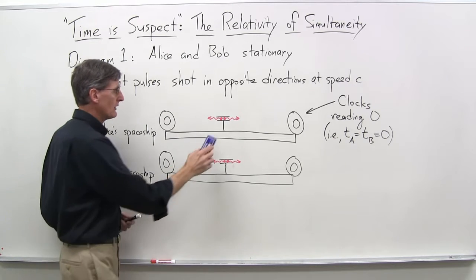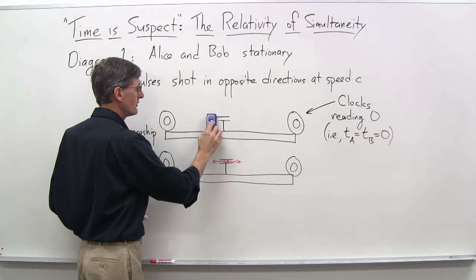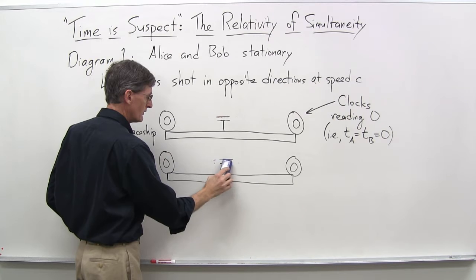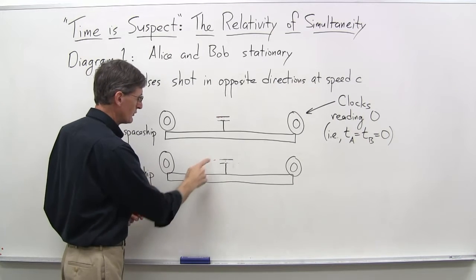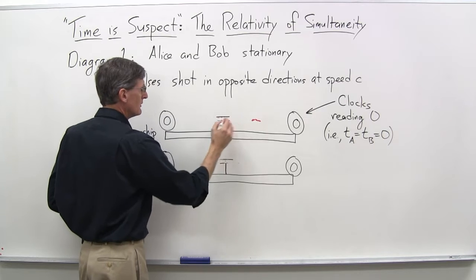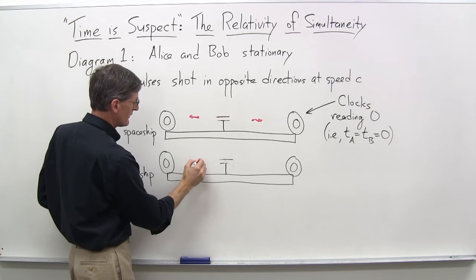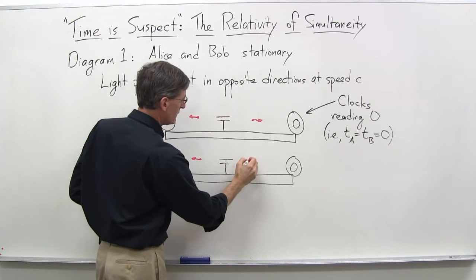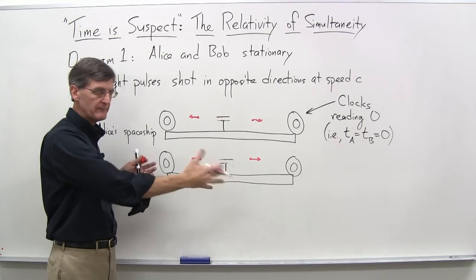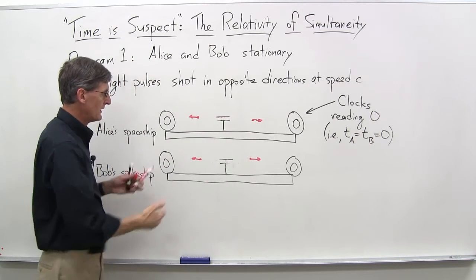Let's imagine then that we carefully erase our light pulses here because they have now been shot off. And if we could imagine, we have one about right there going that direction and right here going this direction. And same thing down here for Bob with our light pulses. In other words, they would track exactly, right? This light pulse would track with this one, would track with that one.